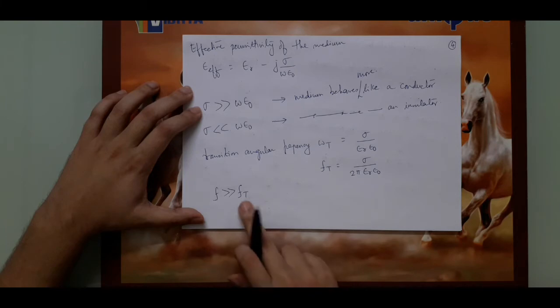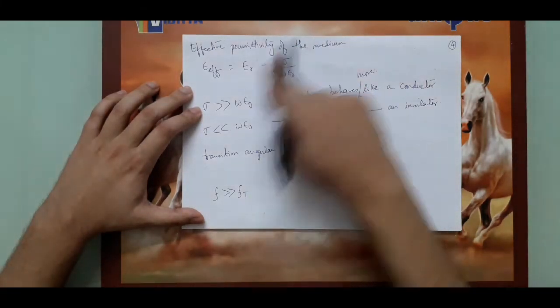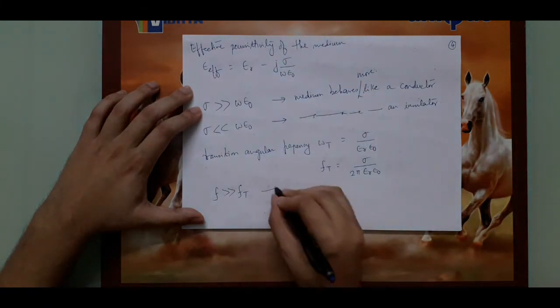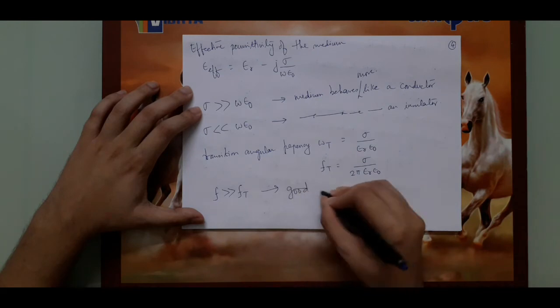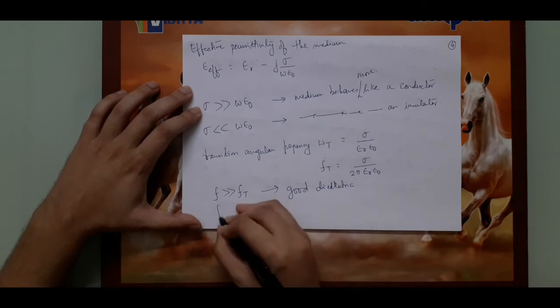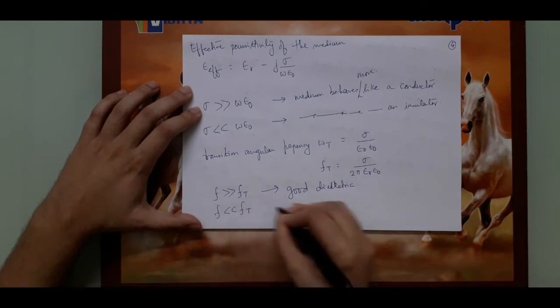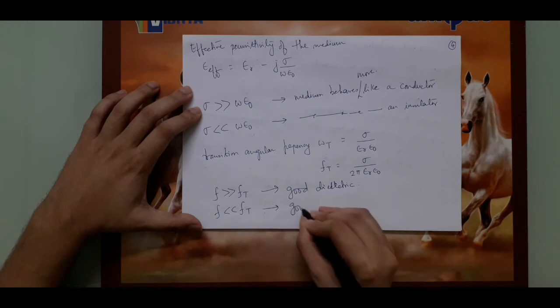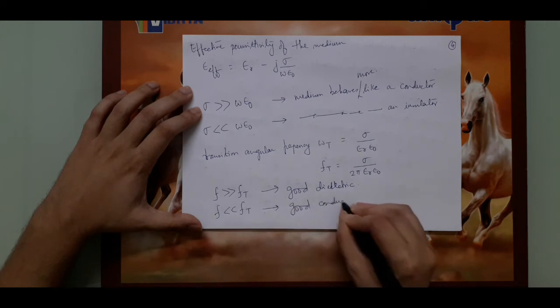If the frequency becomes very, very high, this term will become very, very low. It will behave like a good dielectric. And when f is much, much less than ft, it will behave like a good conductor.